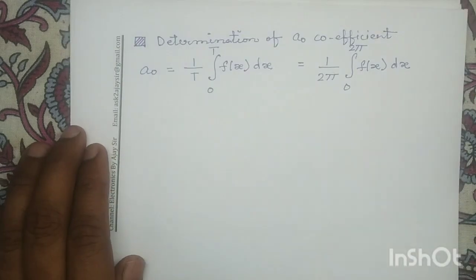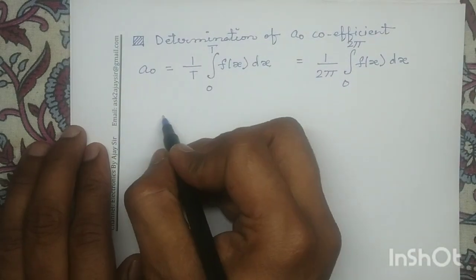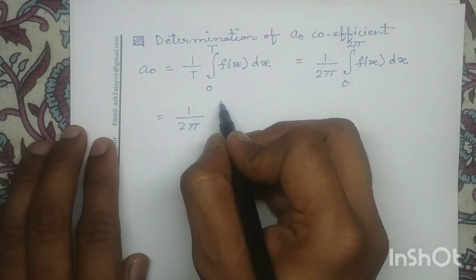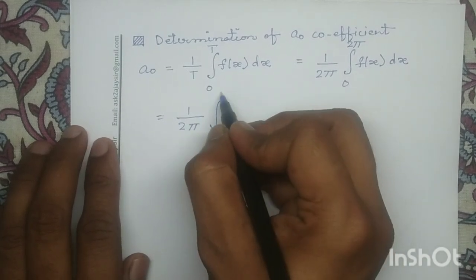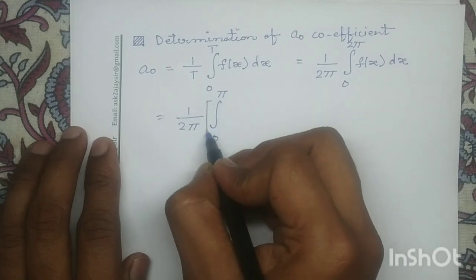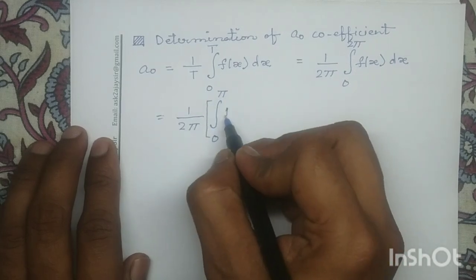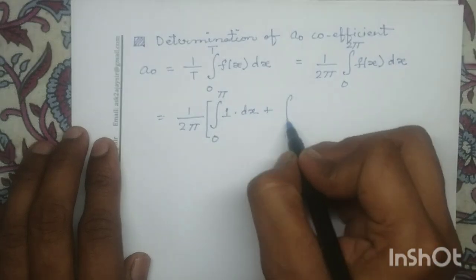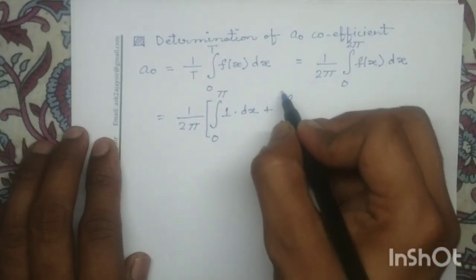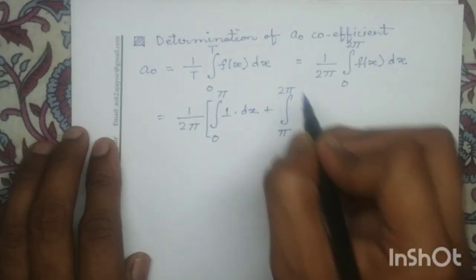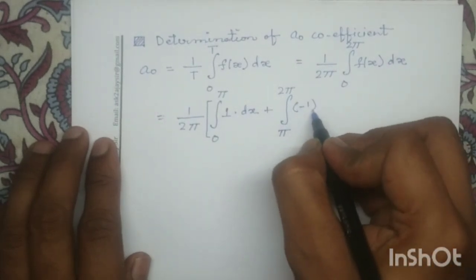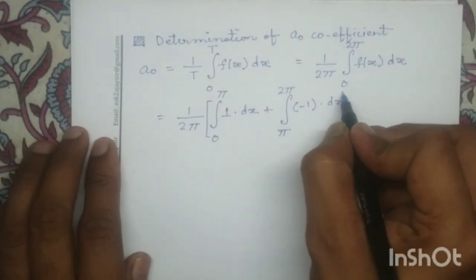So we have to split this integration also: 1 by 2 pi times integration from 0 to pi, f of x equals 1, so it is 1 into dx, plus integration from pi to 2 pi, where f of x equals minus 1, into dx.